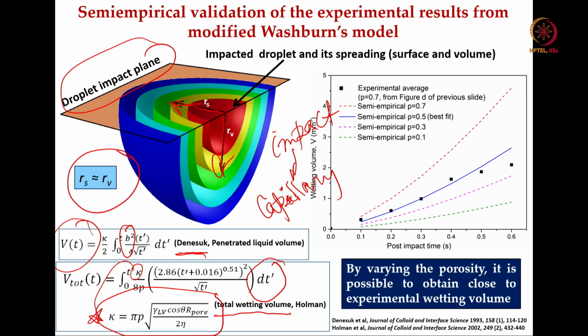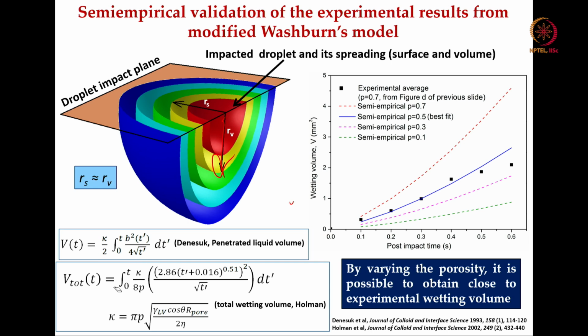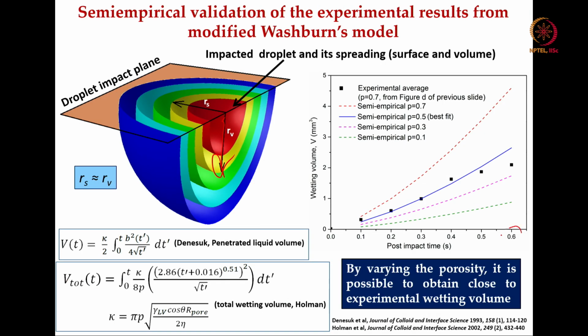So what we have done, we have plotted our experimental data, or synchrotron data, particularly the wetting volume with respect to the post impact time. Again, as I mentioned, the post impact time is essentially less than a second, up to 0.6 second.